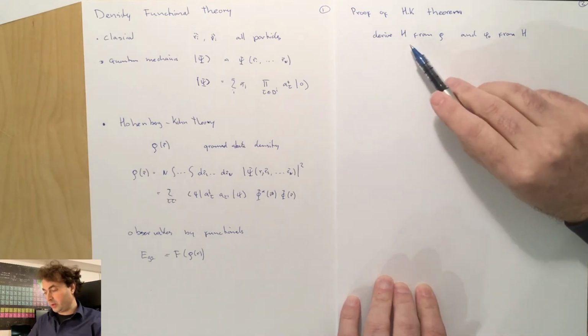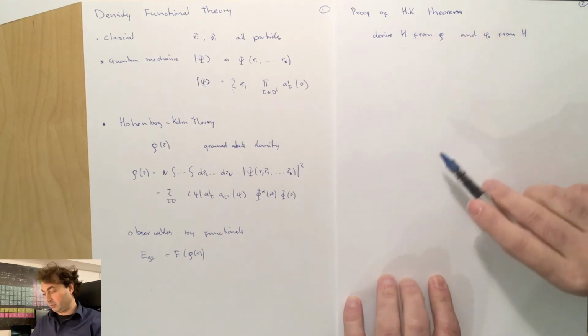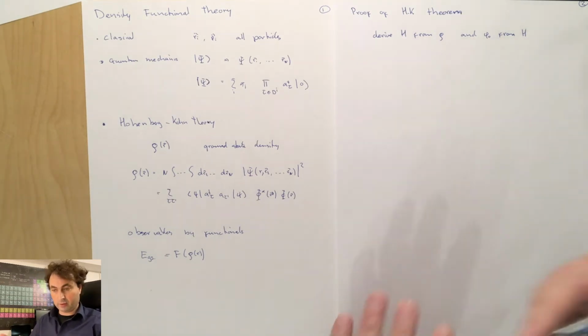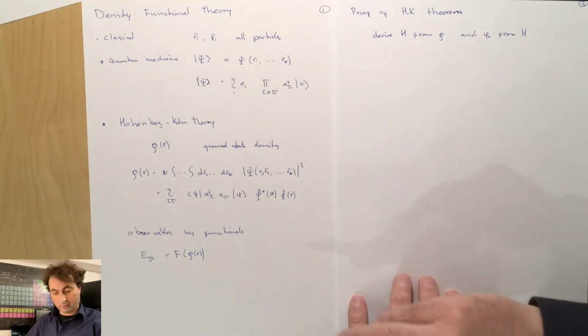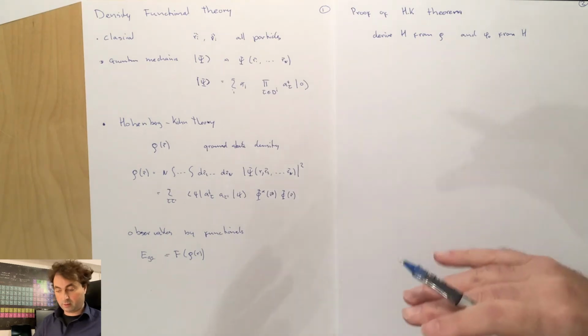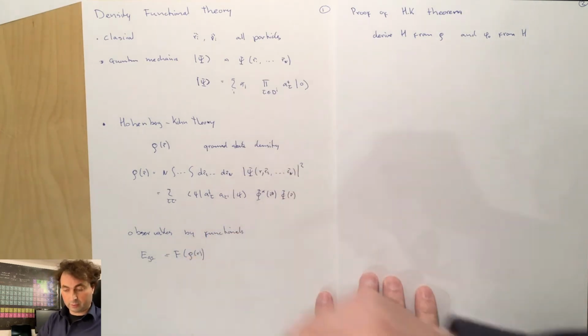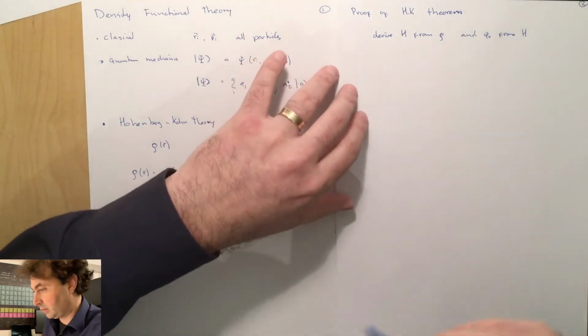So if I can show that the density uniquely defines a Hamiltonian, and we know that a Hamiltonian uniquely defines a ground state, then we are able to show that from the density we can uniquely define a wave function, and with that there is a unique value for all observables that we can measure or calculate.